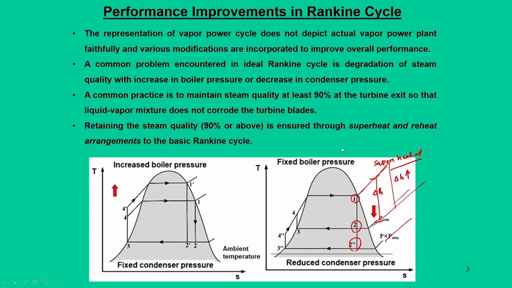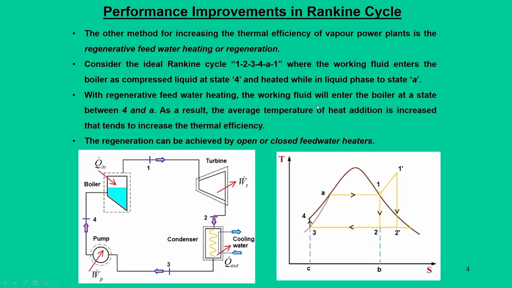Two things get ensured through this superheating: one is higher expansion work in the turbine, and second is that the quality of the steam becomes at least more than 90%.